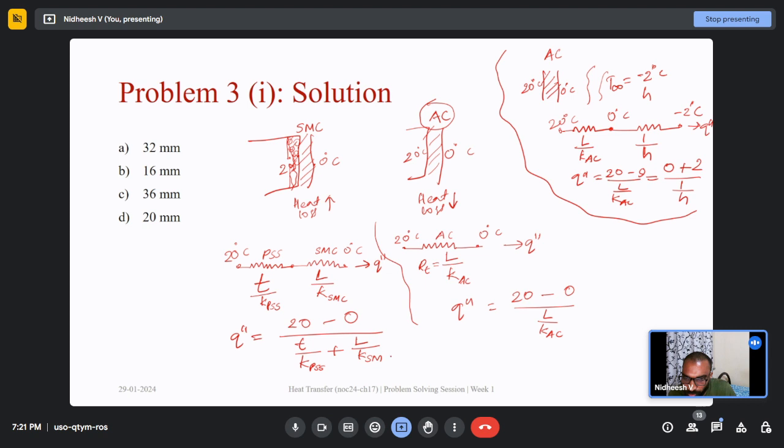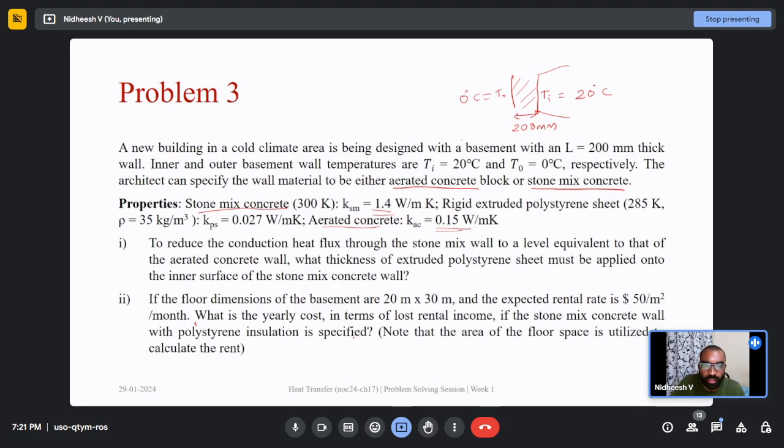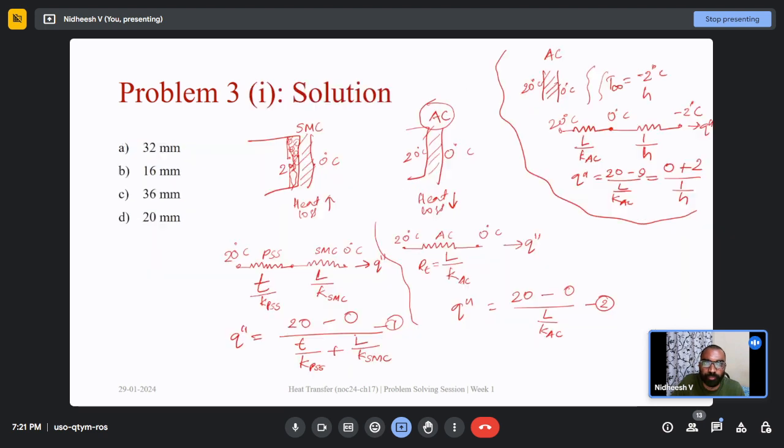Stone mix concrete. So we want to make this Q dash equal. If you equate 1 and 2, we can get the value of thickness, because we know all other values. Length was 200 mm, the length of the wall, and all three thermal conductivities are given.